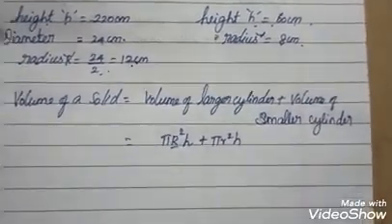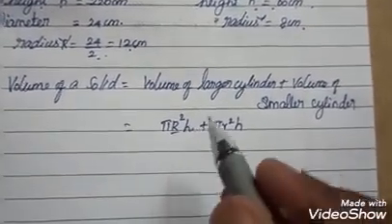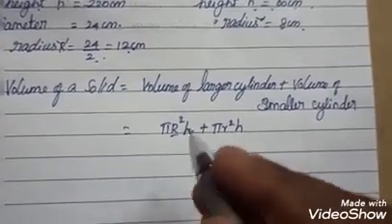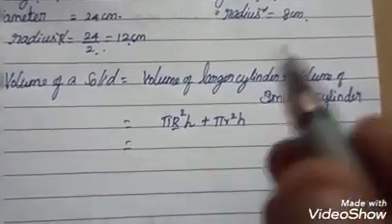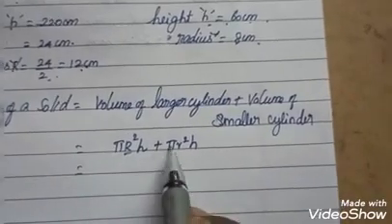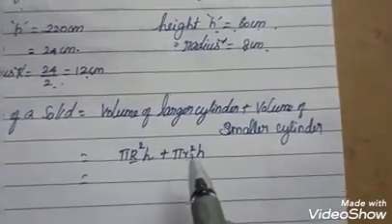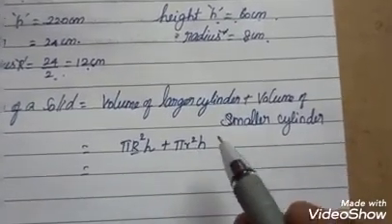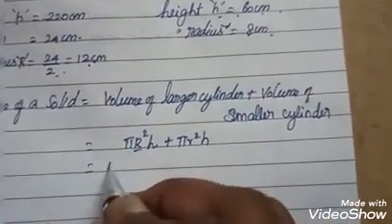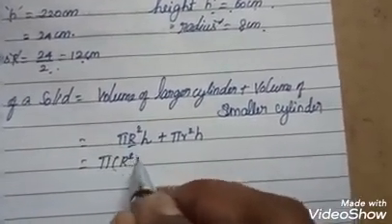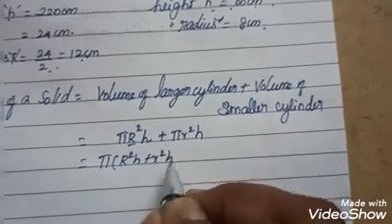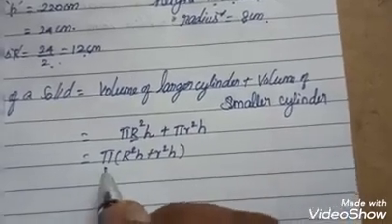Now you need to find the value. Here the value of pi is common, and the height and radius differ, so you take pi common. The remaining is R square H plus r square h.